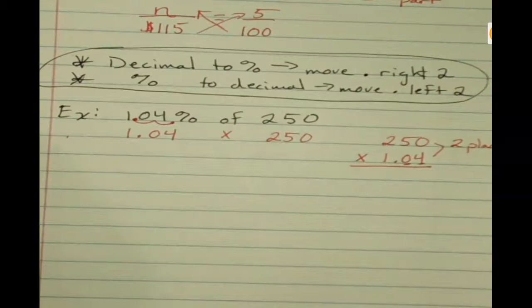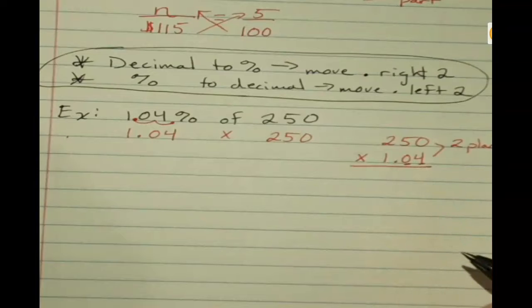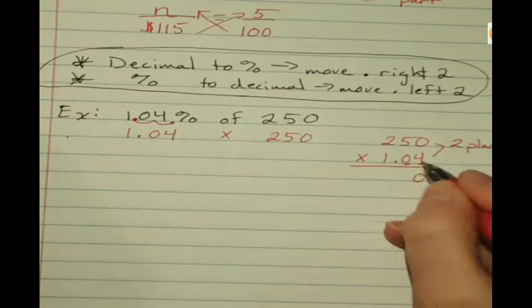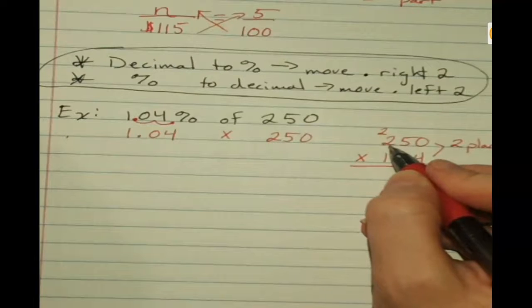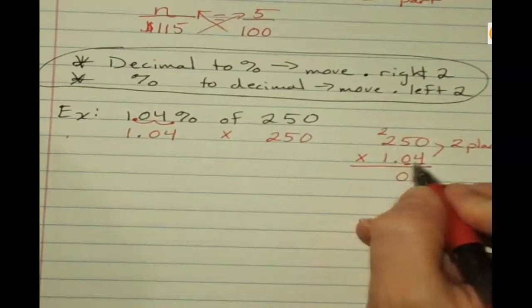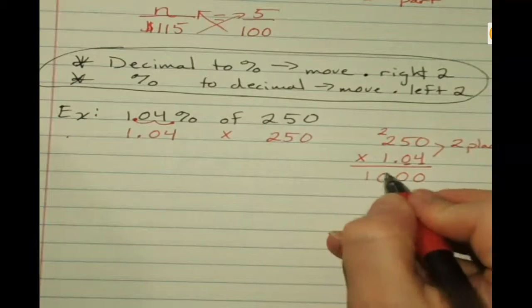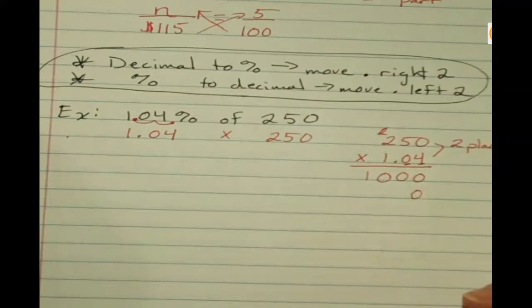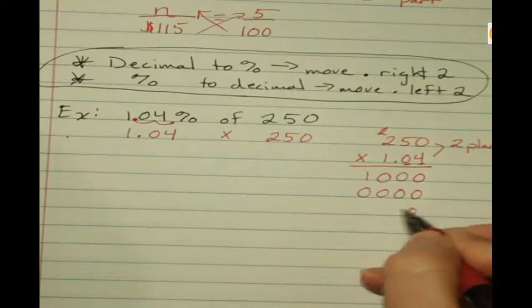We're multiplying. Well, 4 times 0 is? 0. 4 times 5? 20. 4 times 2? 8. Plus 2? 10. Alright, so add our little place there, so it's 0, 0, 0, so 3 zeros. And then the last one I got 25,000.